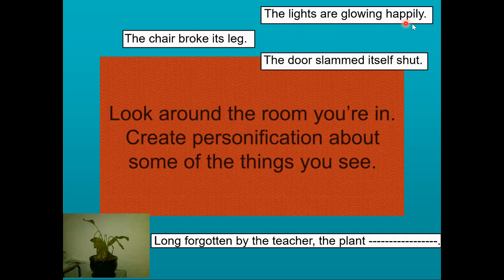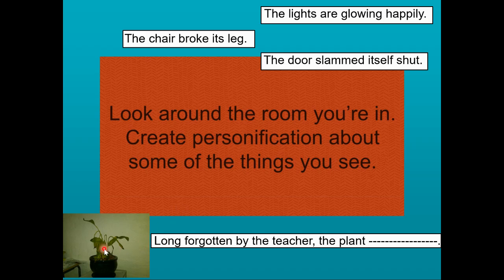How about the lights are glowing happily? Well, now we're giving an emotion to an inhuman light. And so it's personification. The door slammed itself shut. Well, no, it did not literally grow fingers and grab itself and slam itself shut. But using these words, we get a better picture of the effect of that door slamming, right?